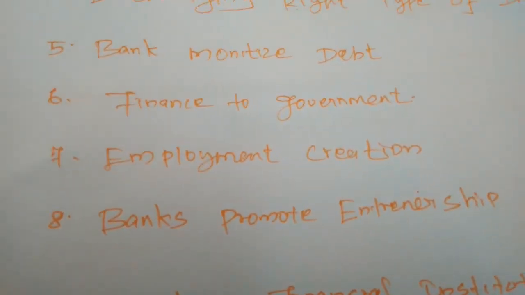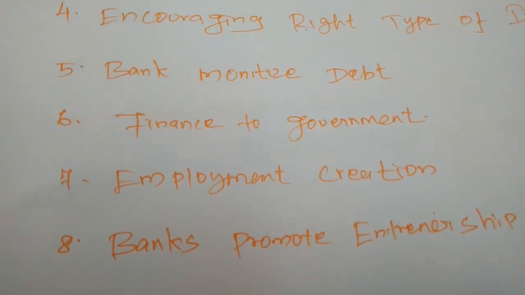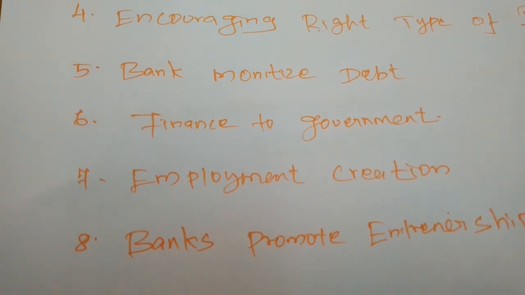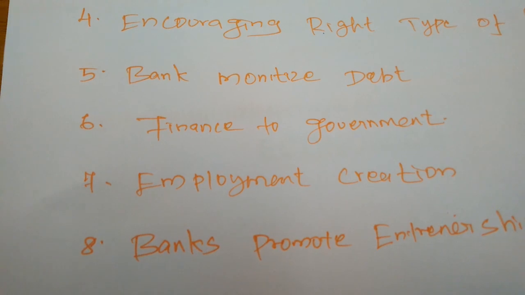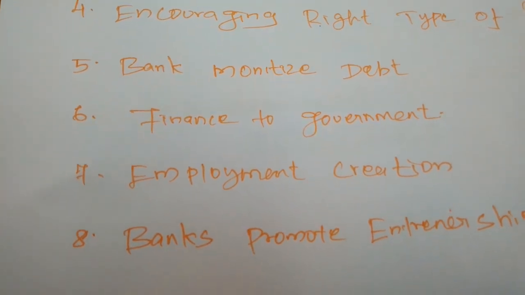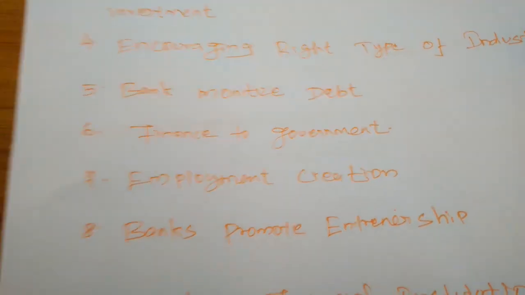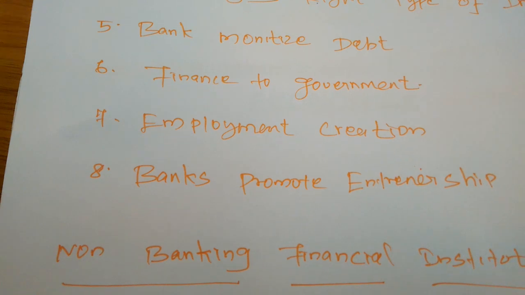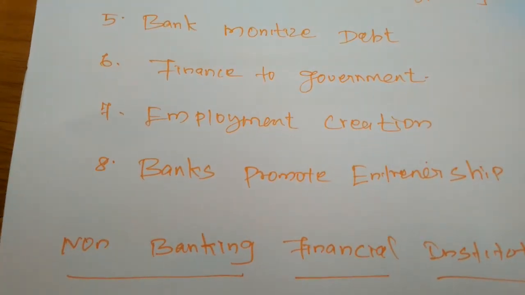Next, employment generation. After the nationalization of big banks, banking industries have grown to a great extent. So bank branches are opened frequently, which leads to the creation of new employment opportunities. Here we can consider the different ways. When the commercial banks provide many financial facilities, many industries will be generated.